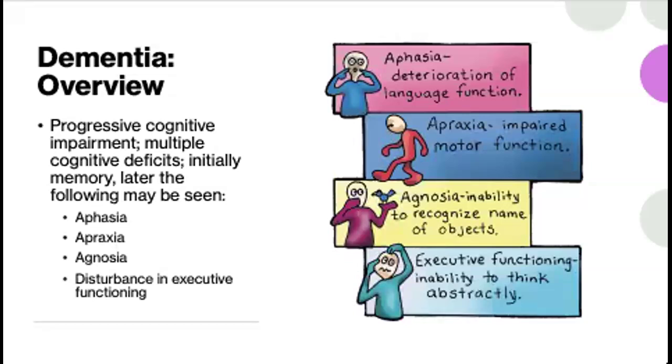Your progression of symptoms with dementia, early stages is going to be memory impairment, forgetting where objects are placed, having difficulty learning new information. As we get into our later stages, we have remote memory loss. So forgetting family members' names, what their lifelong occupation was, even what their name is.